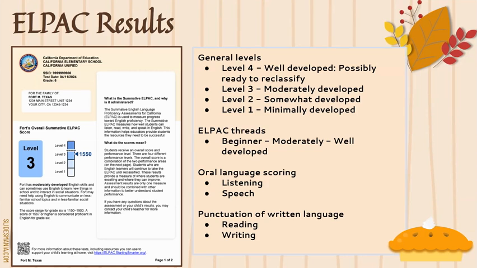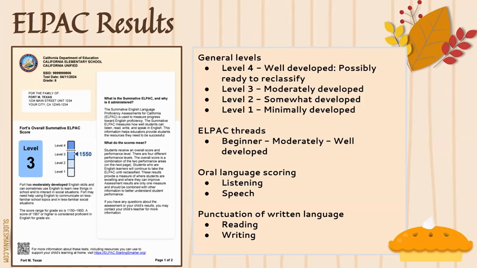If you notice here on the right-hand side, you'll have the general levels, right? Starting at 1, which is minimally developed English, right? That the students score at. A level 2 would be somewhat developed. Level 3 would be moderately developed.